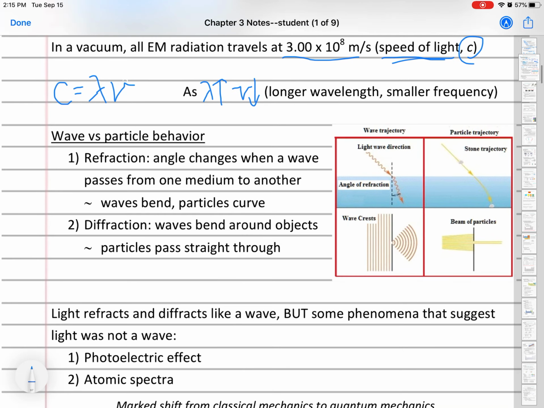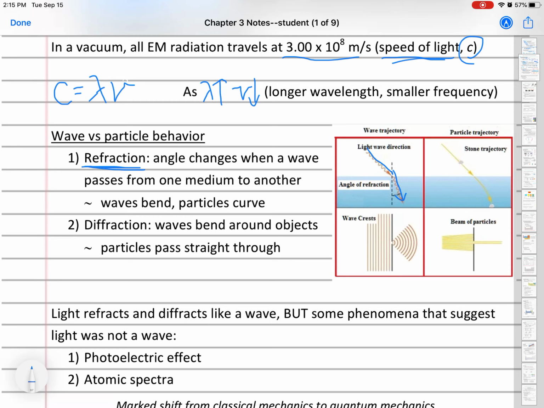Now for some of the behavior of waves versus particles. This is how classical physicists distinguish the two from each other. Waves display a response called refraction when they move from one medium to another. So if you shine a light through air and then it hits water, a different medium, the light bends.